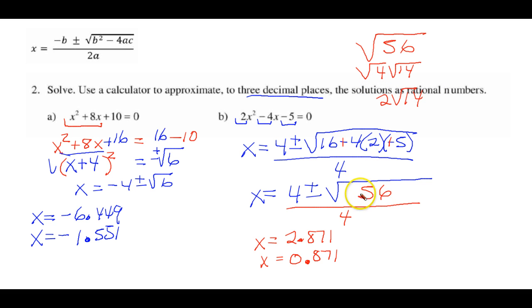So here, if you were doing it and just wanted the quadratic formula, you would have to simplify this. It would be like 4 over 4, that would be this 4 over this 4, plus or minus 2 the square root of 14 over 4. This part would become a 1.